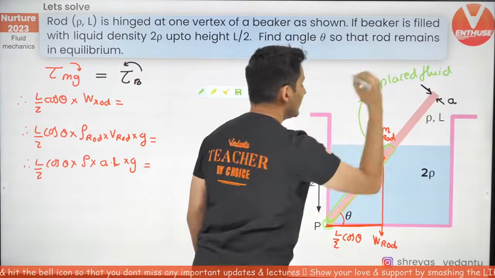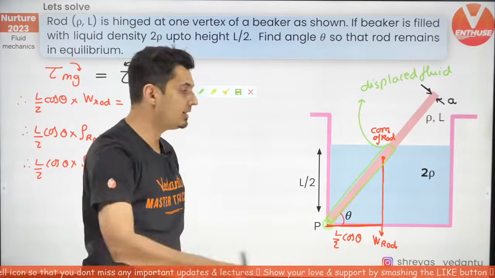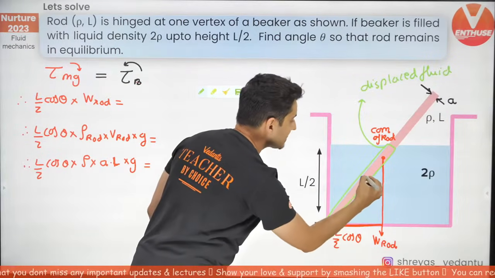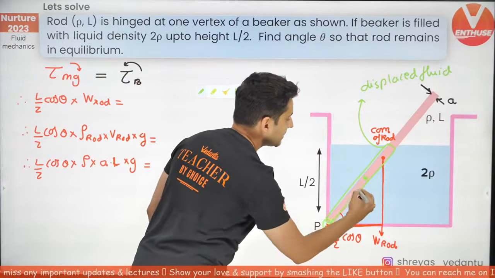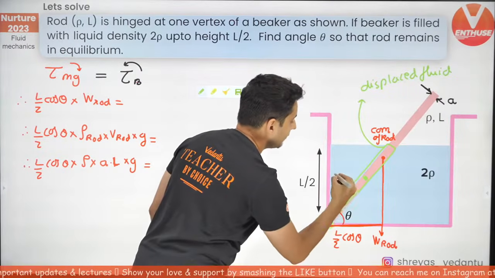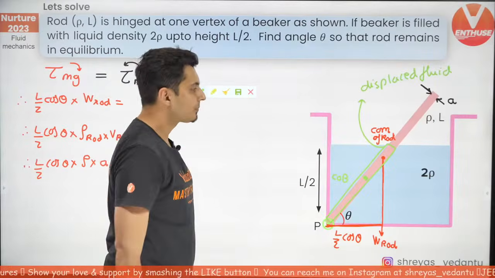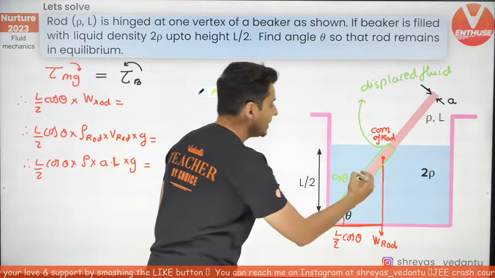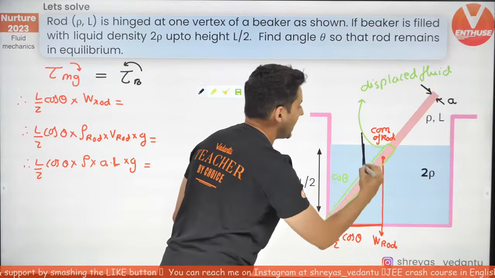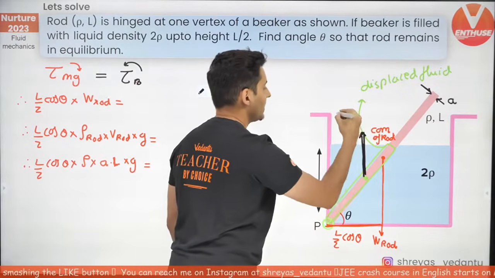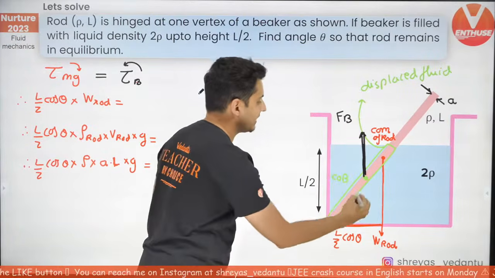If you talk about the displaced fluid's center of mass, it will be somewhere here. This is where the center of buoyancy will be. So strictly speaking, the buoyant force is going to act from here.